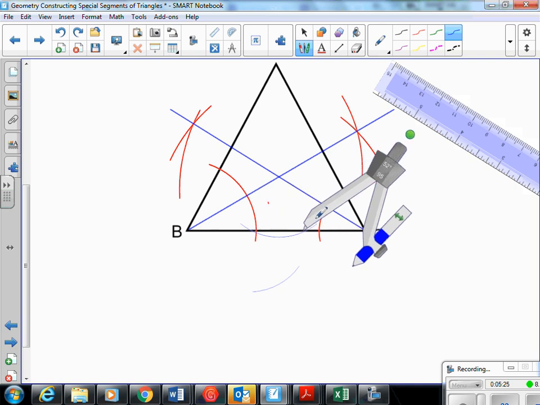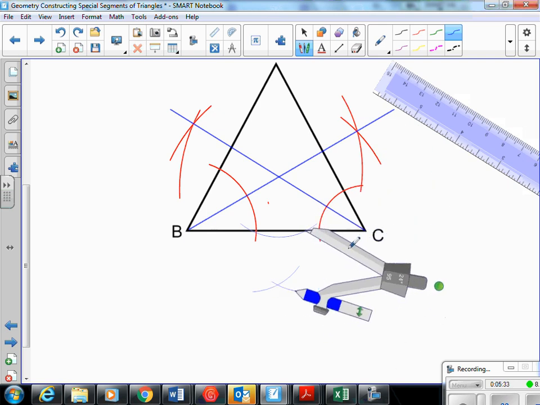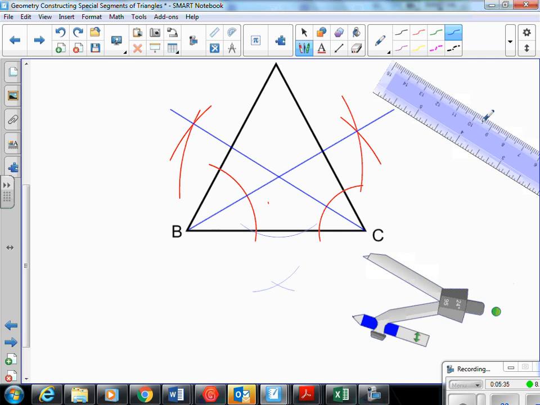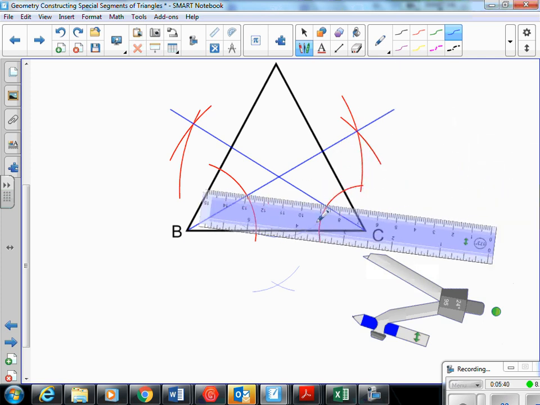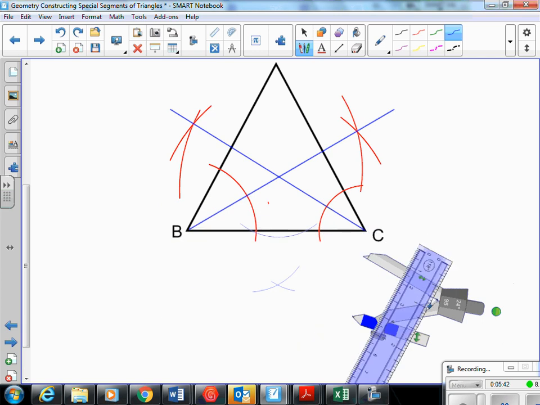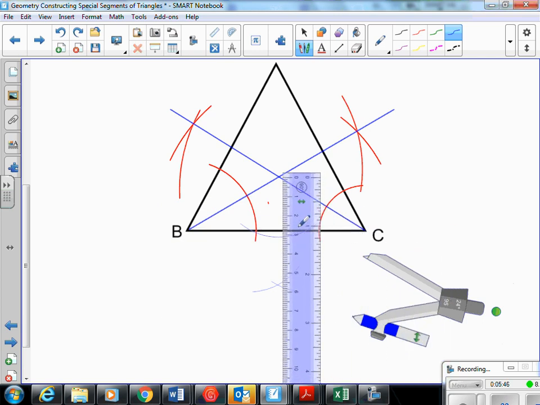Go to the other intersecting point, and find where that arc intersects. Bring in our straight edge, and line it up.